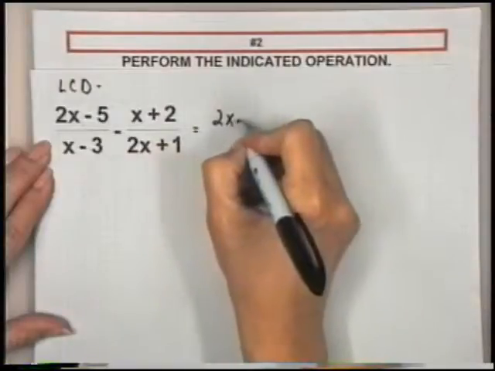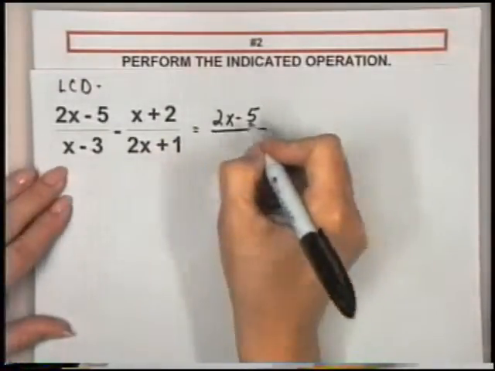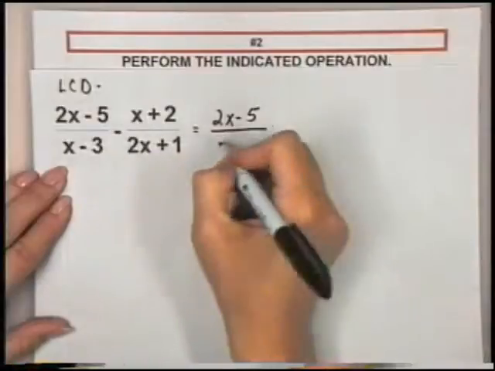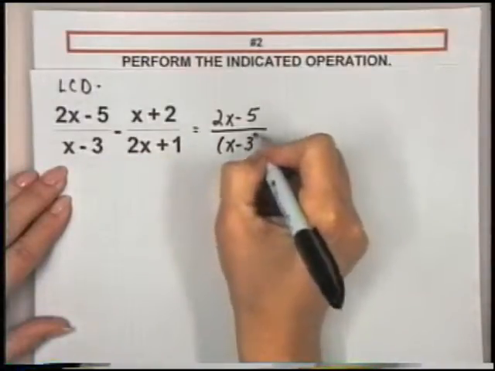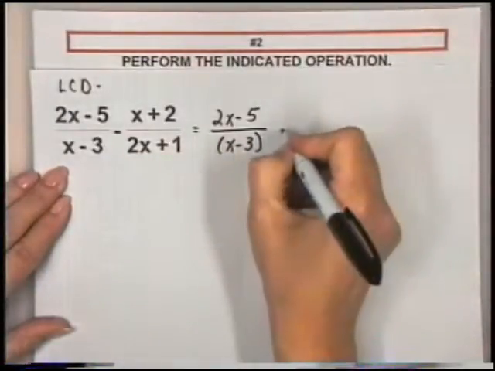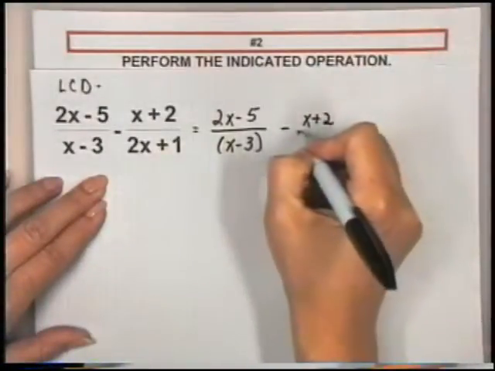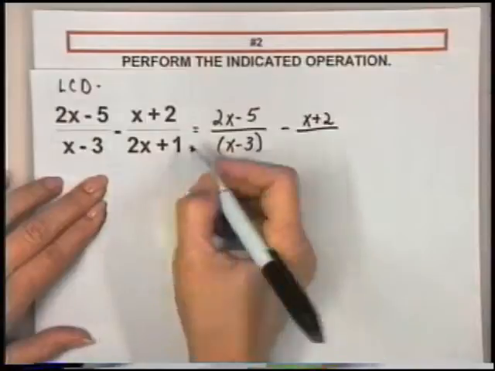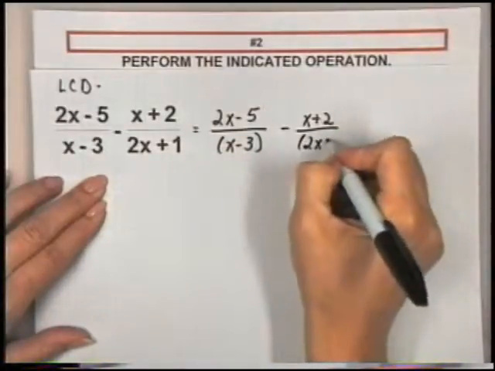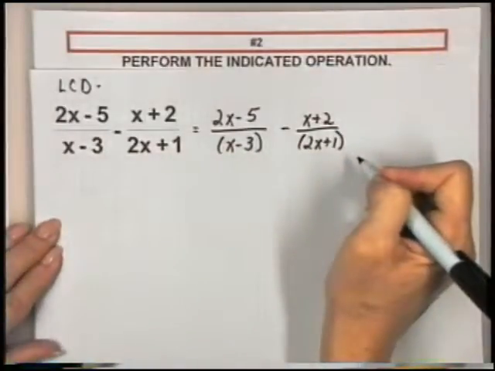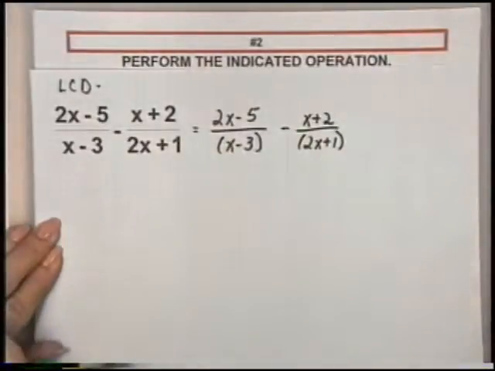Let's rewrite the first fraction. Let's factor its denominator. X minus 3 is a prime factor. Let's rewrite the second fraction. Let's factor its denominator. 2x plus 1 is a prime factor.